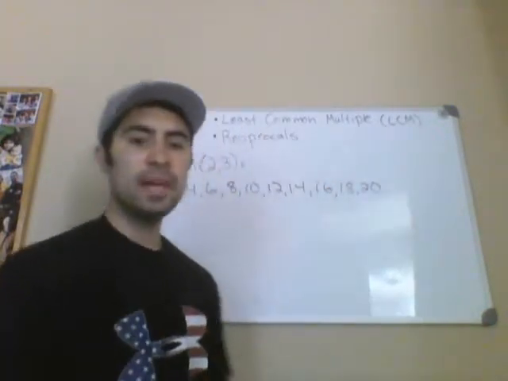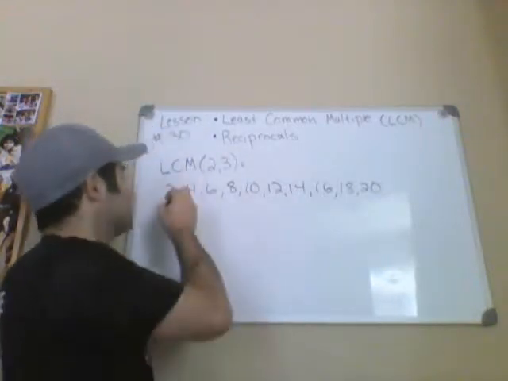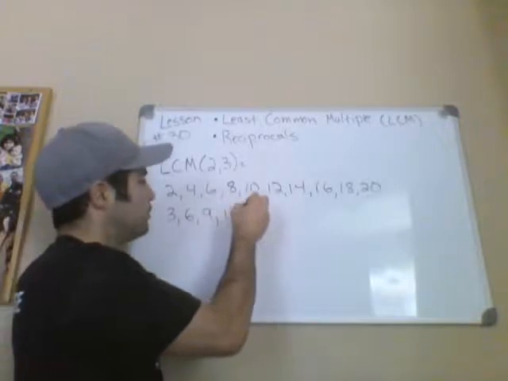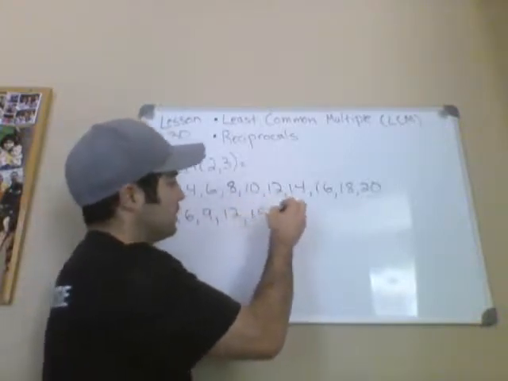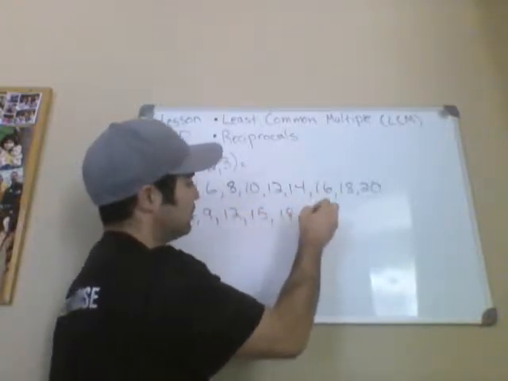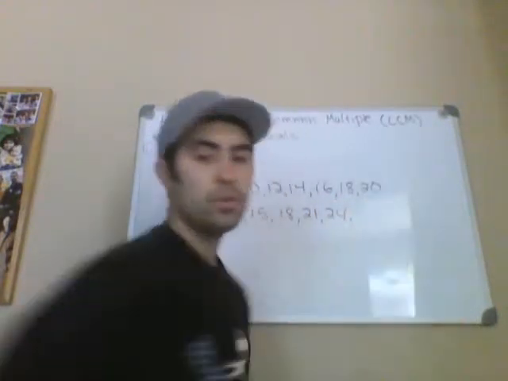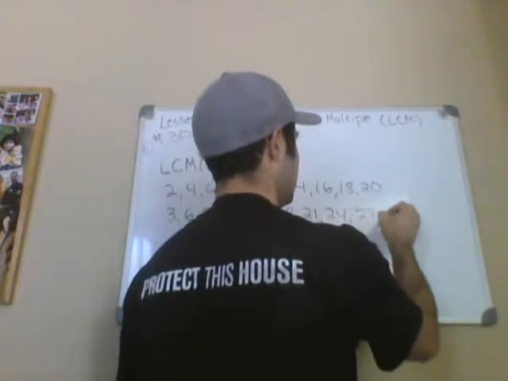Keep going. Okay? Alright, so let's do the multiples for 3. 3, 6, 9, 12, 15, 18, 21, 24, and it keeps going on forever. Let's just go to 27, 30.